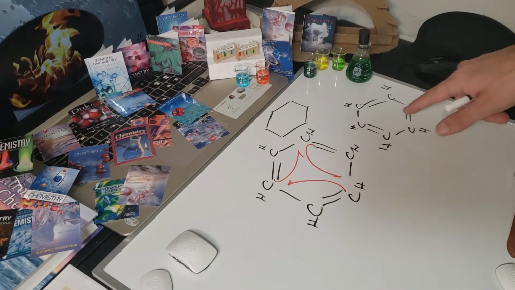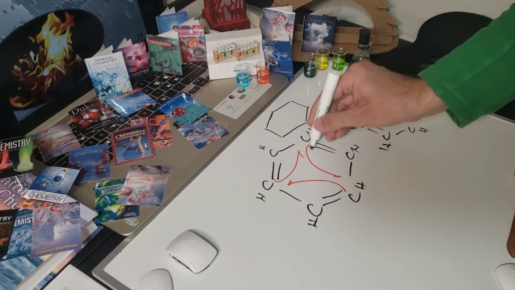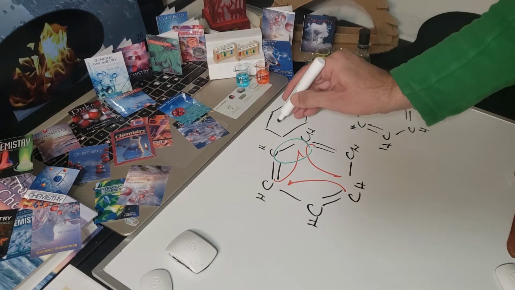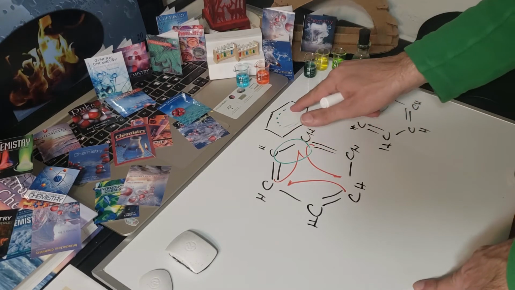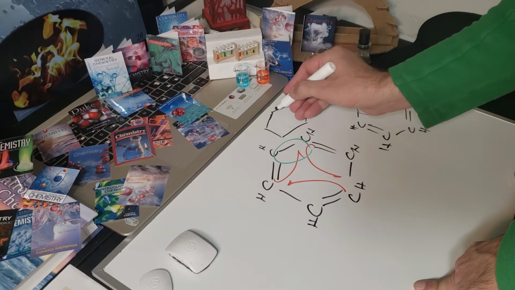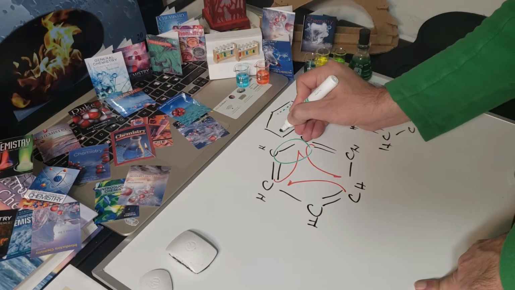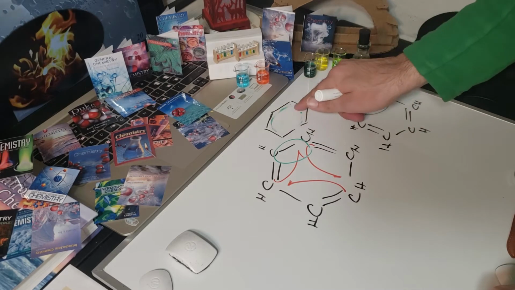If we focus on any of those bonds, like this one for example, it goes between a single and a double, so you could do this, okay? Or they do a circle because it's kind of harder to do this for all of them, but literally it's this one, but it's easier to do a circle.